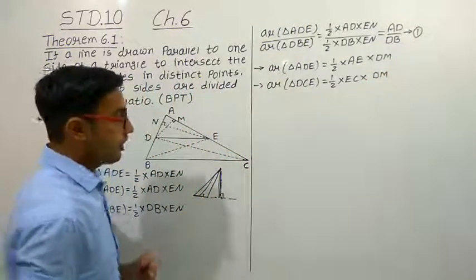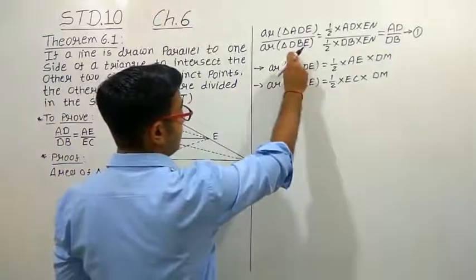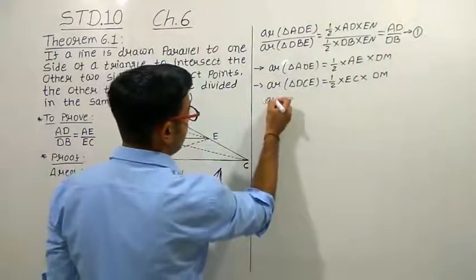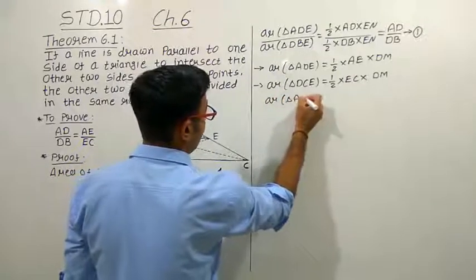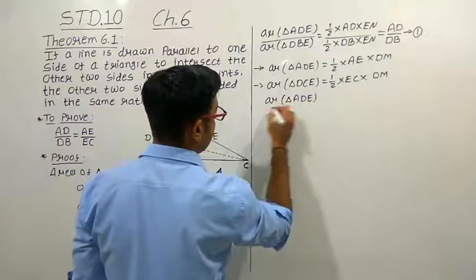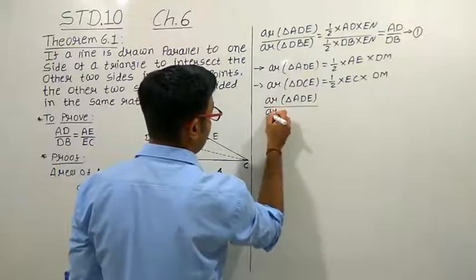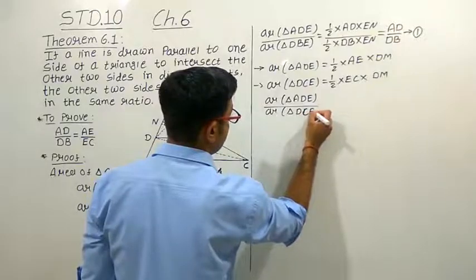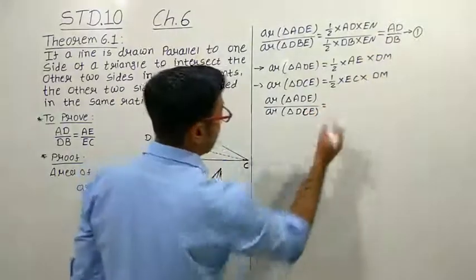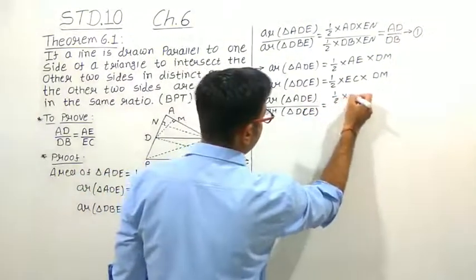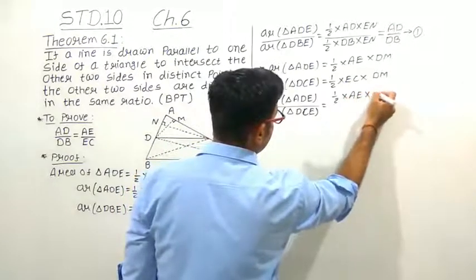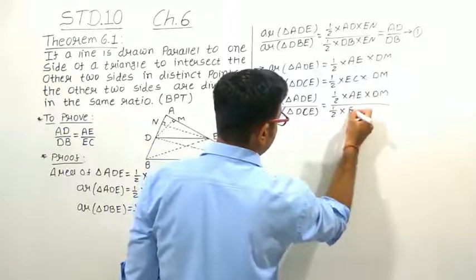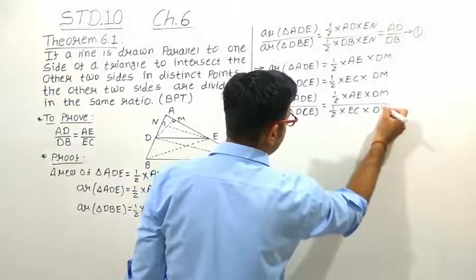Understand? Okay. Now as we have taken the ratio here, similarly we have to take the ratio of these two triangles. So area of triangle ADE upon area of triangle DCE is equal to 1/2 into AE into DM upon 1/2 into EC into DM.